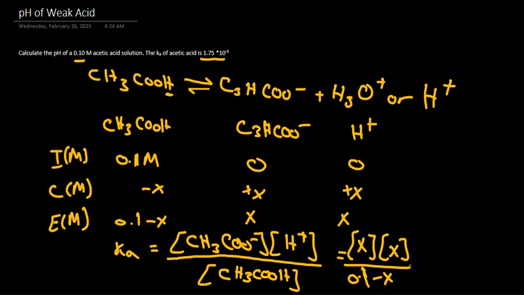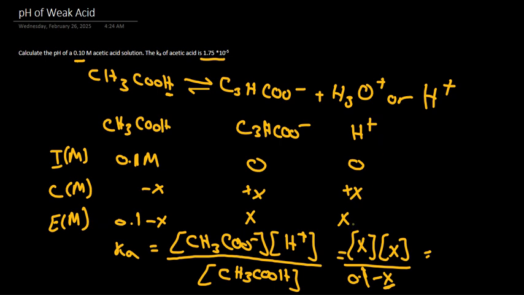0.1 minus x. We're going to assume that x is small, since your K is not that big, but it's not that small either, and 0.1 is big enough to diminish the effect of x itself.